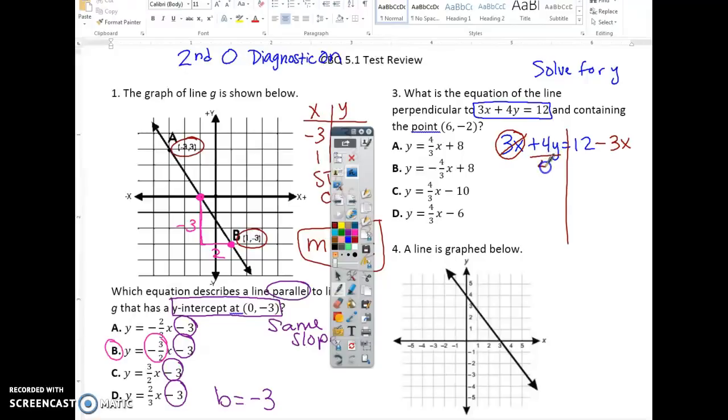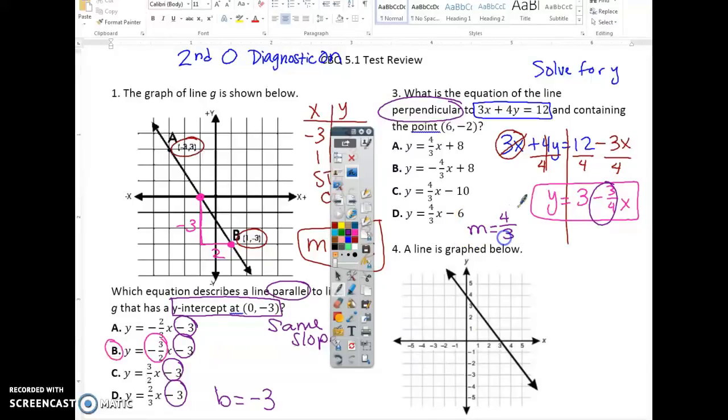Divide everything by 4. That gives you y equals 3 minus 3/4x. Okay, now, what is the question asking? Perpendicular. That means I'm going to take this slope and do what with it? Flip it and change the sign. So my new slope is positive 4/3.